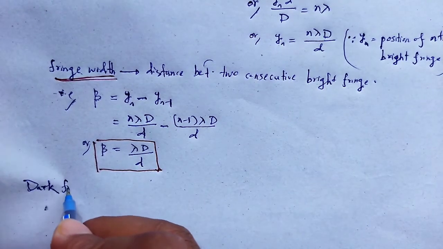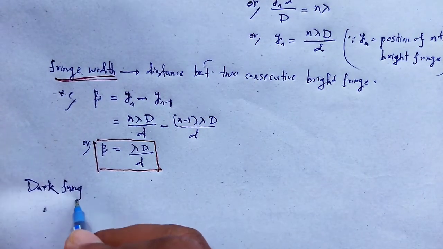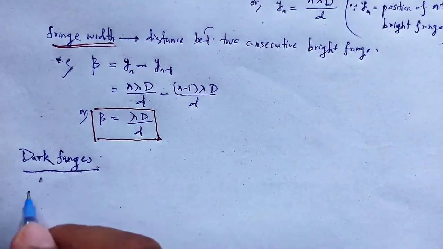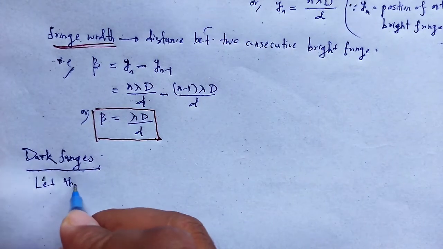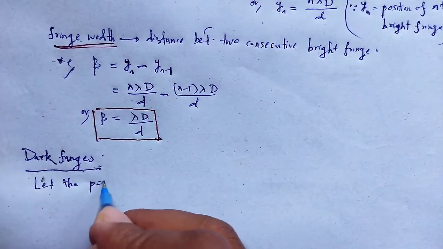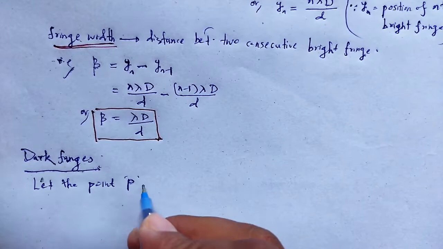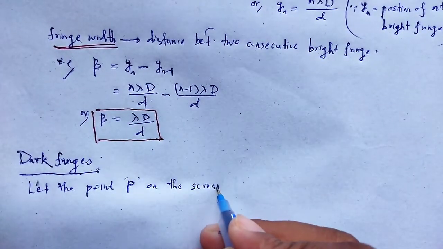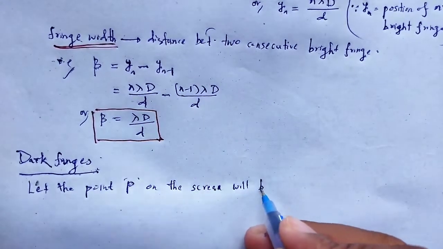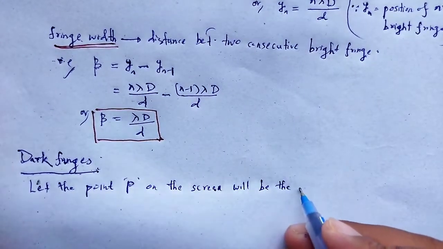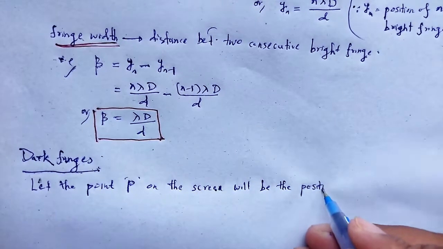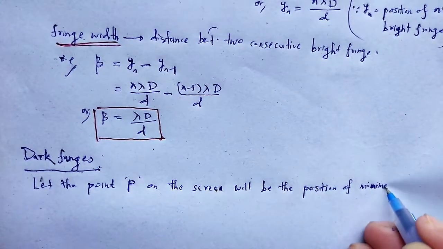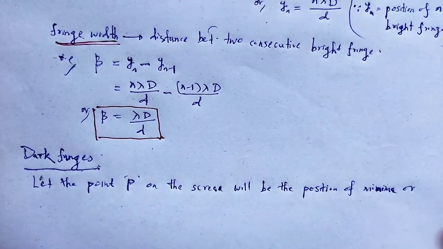Dark fringes, the condition for dark fringes: let the point P on the screen be the position of minima or dark fringes.